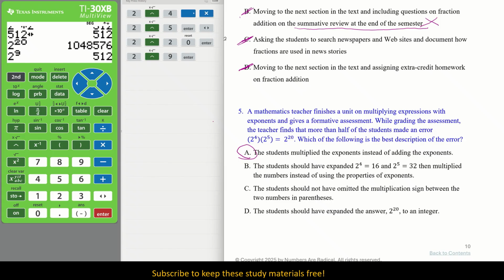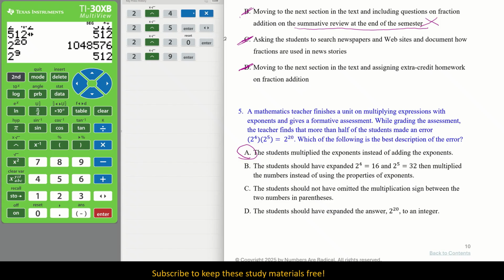The students should have expanded and then multiplied the numbers instead of using the properties of exponents? I don't think so. That's not the best description of the error.